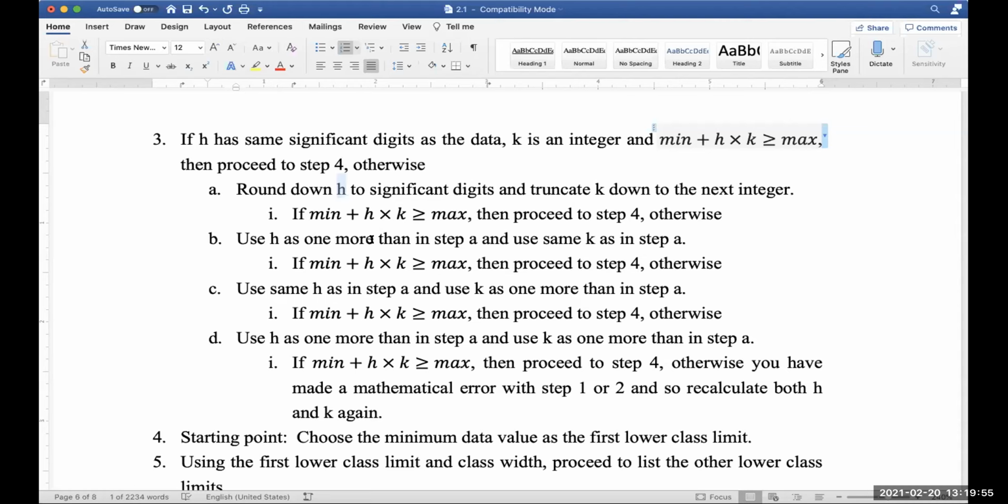Well, let's see, maybe I should use h rounded up. So round up h. Two significant digits.